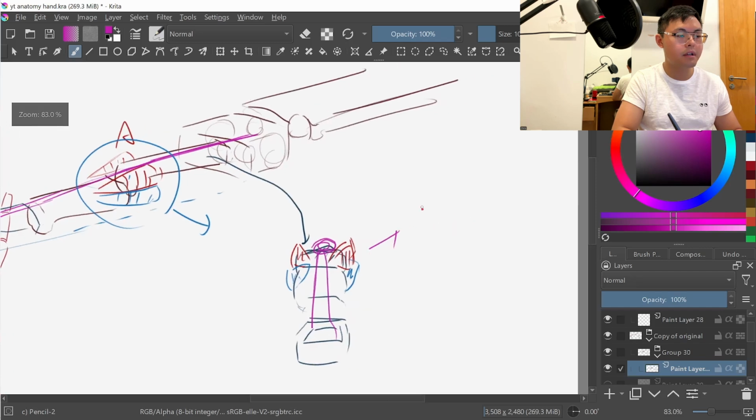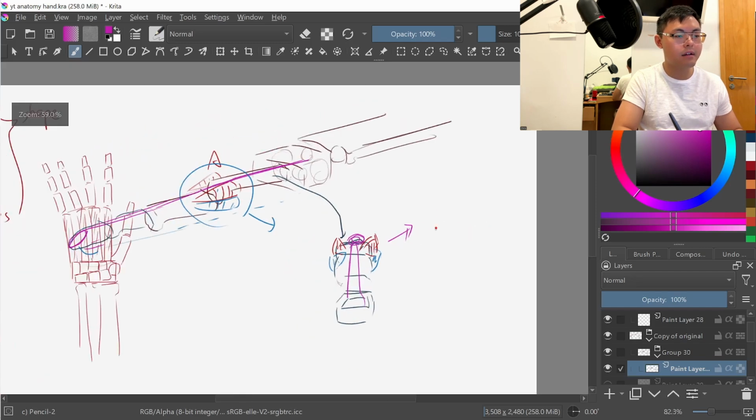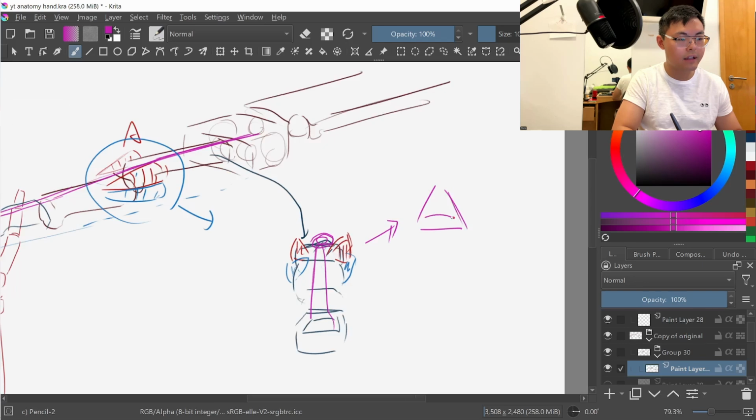So the knuckle shape is roughly like a triangle, and then there's the square shape of our finger digits. Hope that makes sense.